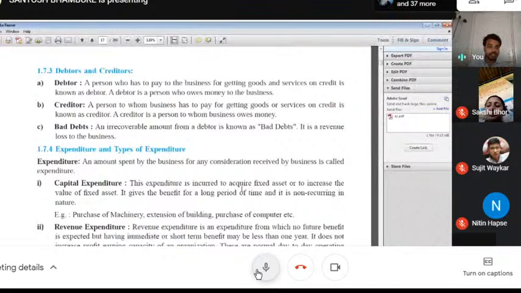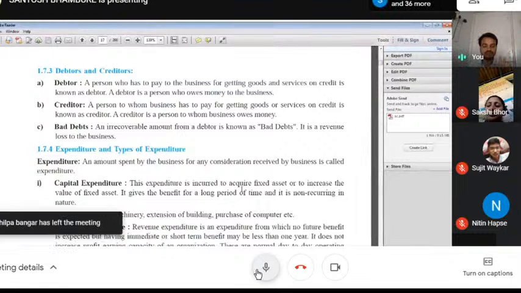But when we think about a college, there are 3, 4, 5,000 students. Some students do not pay full admission fees. Some students pay 3,000, 3,500, 4,000.